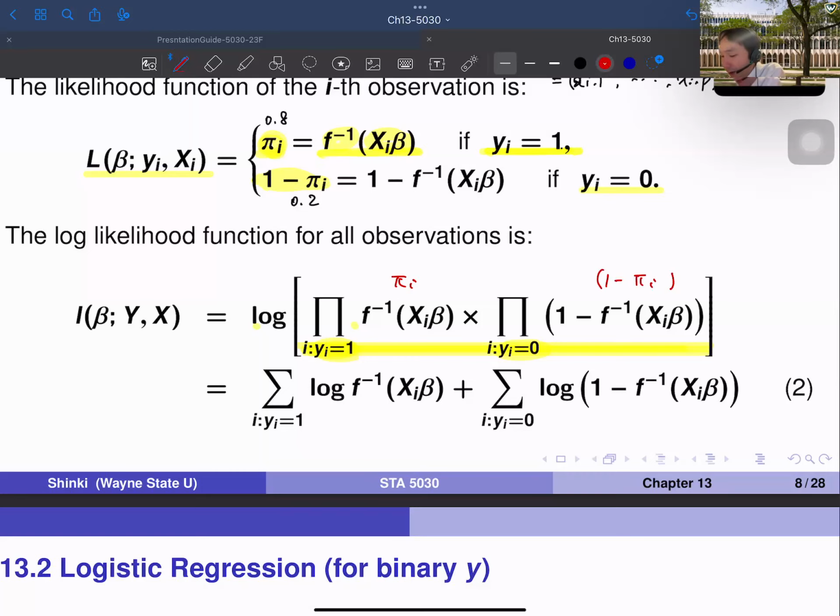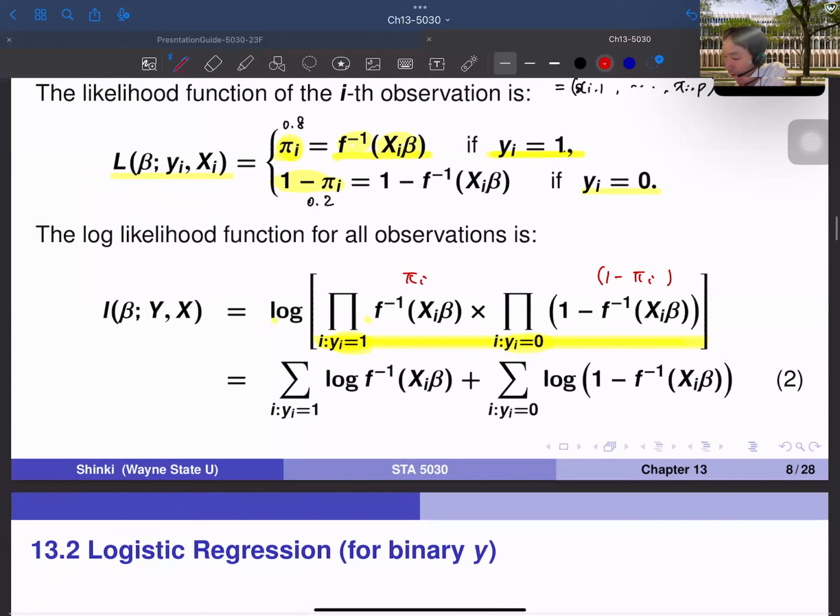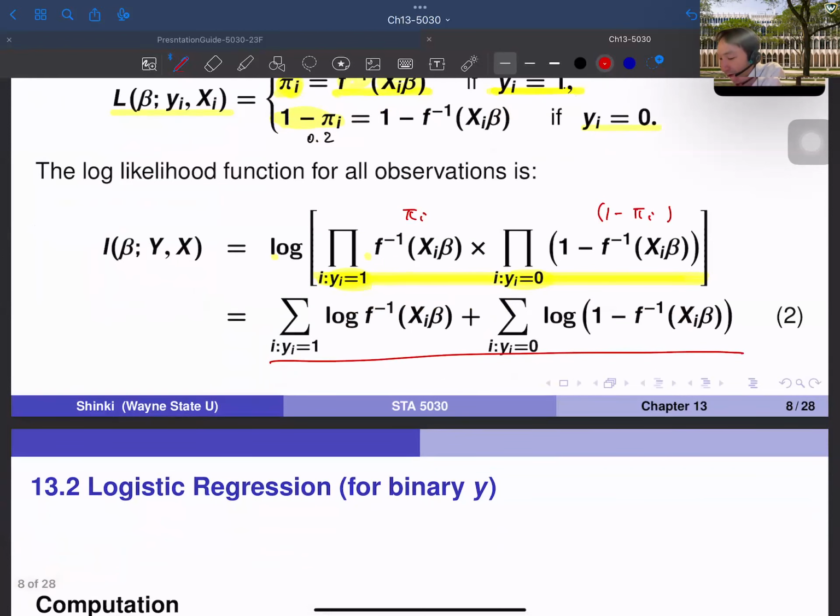So that is the likelihood. And if we take the logarithm, then we can represent it this way. So this is the function to optimize. We want to maximize this with respect to beta. So that is our estimation method.